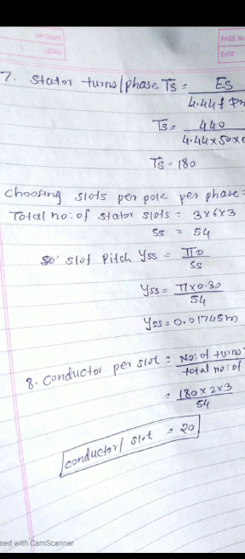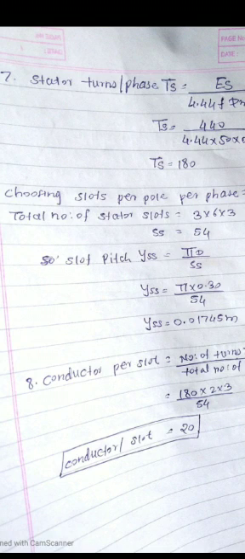The slot pitch is equal to pi d divided by the total number of stator slots. Putting that value in, the slot pitch is 0.01745 meters.